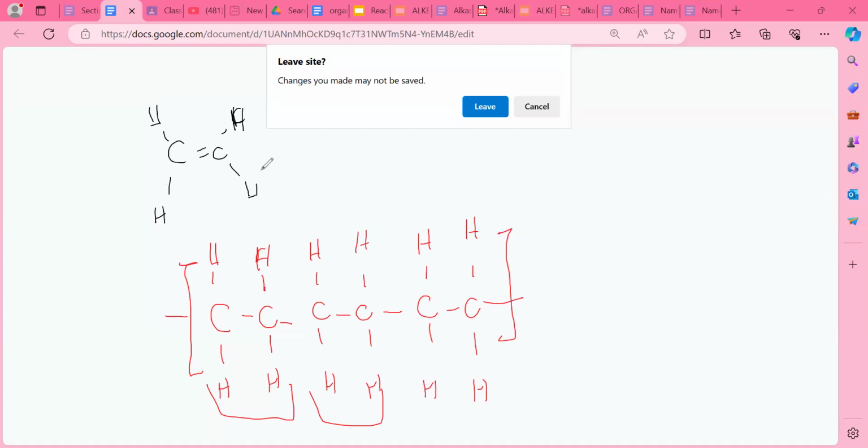So all I need to do is open up the double bond. When all the double bonds open up, this carbon can bond with the electron over there.